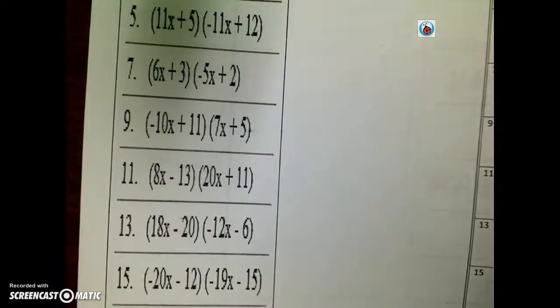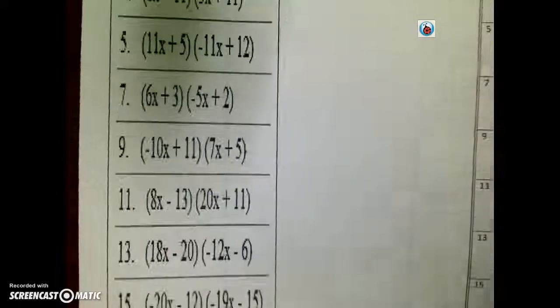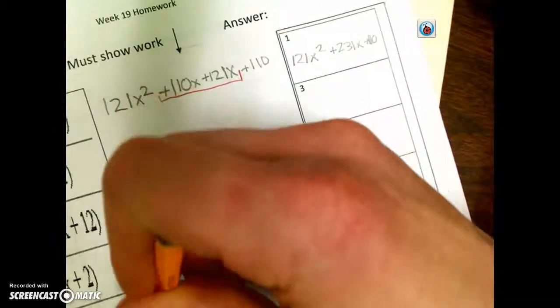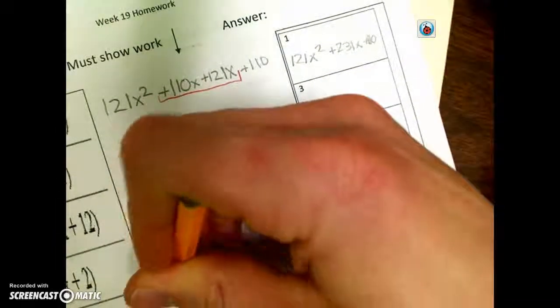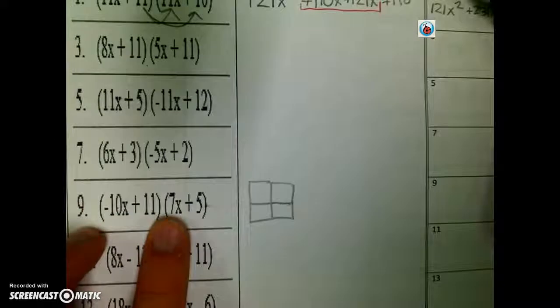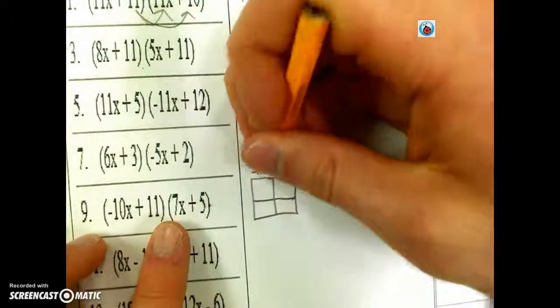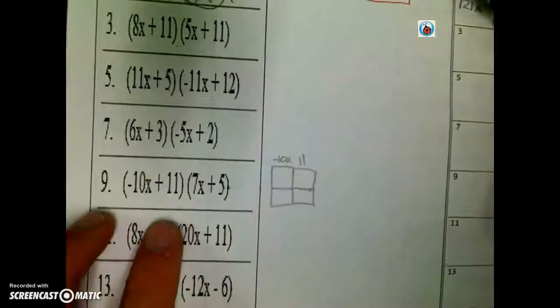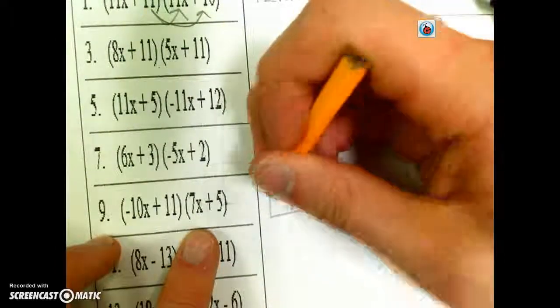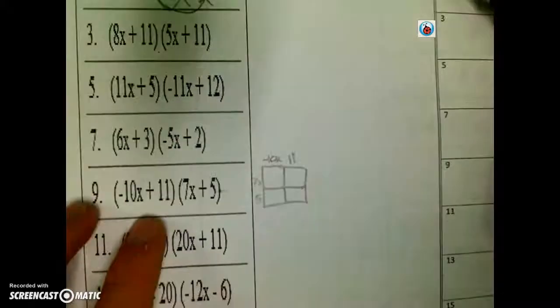I'll do it with the box method this time to also get some exposure to that. The way the box method works, take our negative 10x and place them up top there. I'm going to take my 7x and write them along the side.